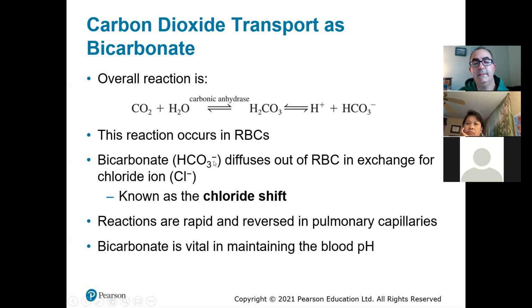And what happens is bicarbonate diffuses out of the red blood cells in exchange for chloride. And these reactions can be reversed very quickly in pulmonary capillaries. This whole thing is vital in maintaining your blood pH. So you are using either these H pluses or these HCO3 minuses to raise or lower your pH.